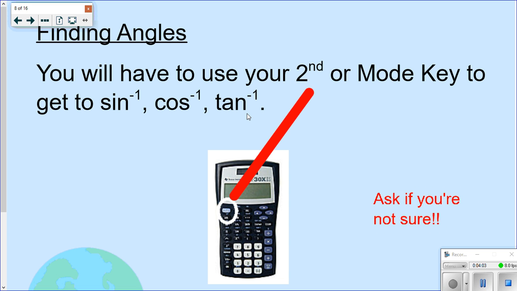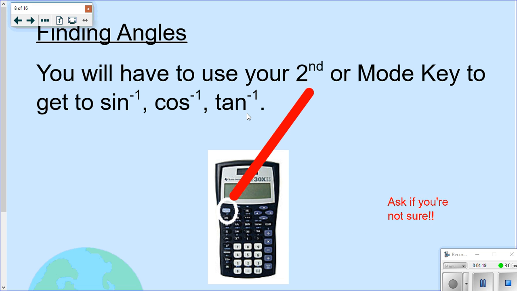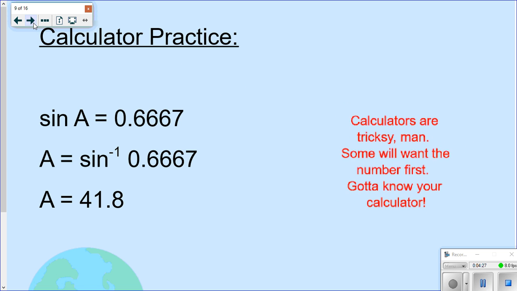Now, you're going to have to use your second or mode key or shift or whatever it is on your calculator. What I've come to learn is that a lot of your calculators are color-coded. So if you look at the sine, above it is going to be sine inverse and it might be in yellow. So find the shift or the mode button, whichever one's in yellow, and you're going to hit that. I would love to help you with this, but unfortunately, you're on your own because you're all at home.